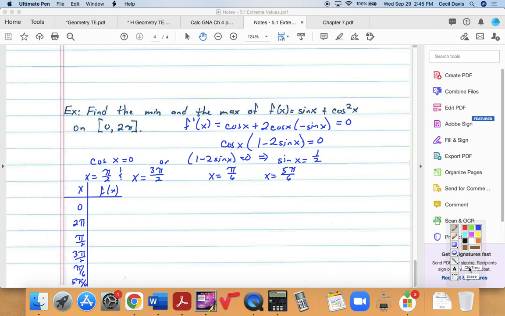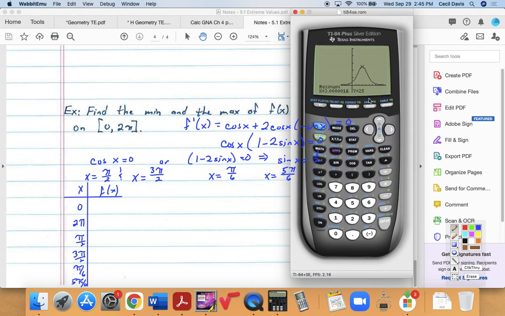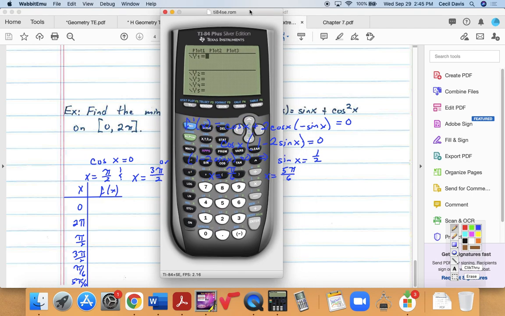In the interest of time, I'm going to use a calculator to do all these. The function was sine x plus cosine squared x. So sine x plus cosine of x times cosine of x.